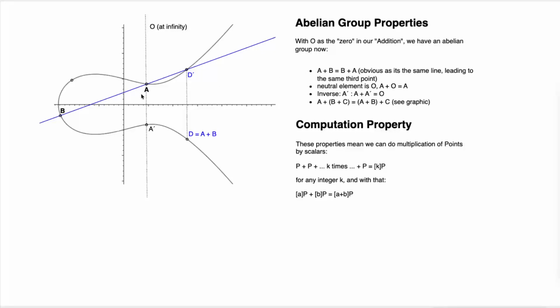For us, that's kind of obvious, because for A plus B you draw the line between A and B, and you have a certain intersection on the curve. And if you take B plus A, you draw the line in the other direction. It's an infinite line, so it doesn't matter which is the first and which is the second point, so you get the same one. So A plus B is B plus A. Easy enough. Second thing, in an abelian group, you need a neutral element, so the 0.